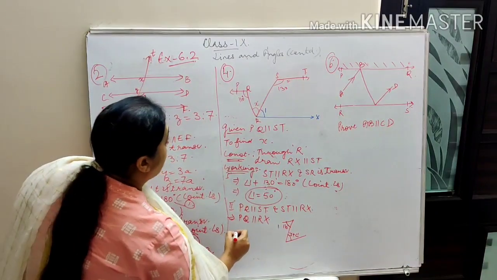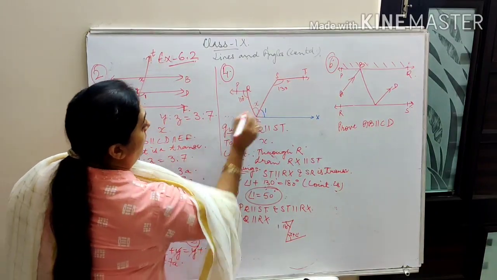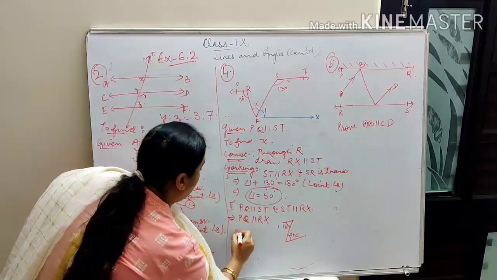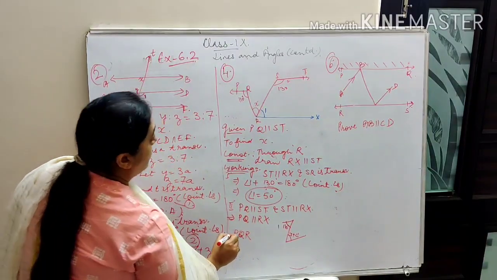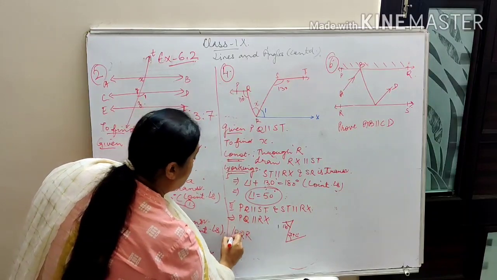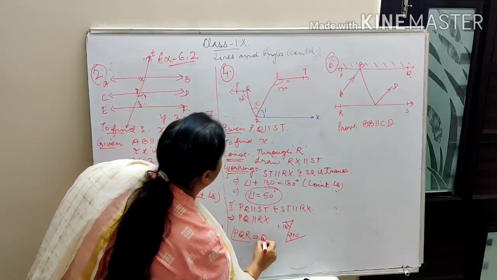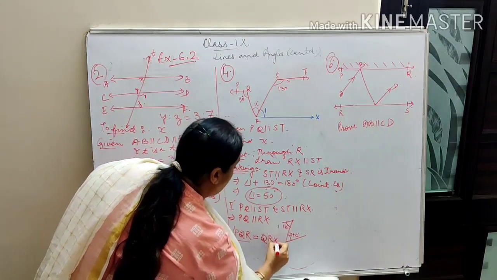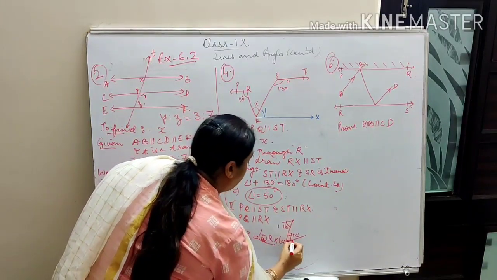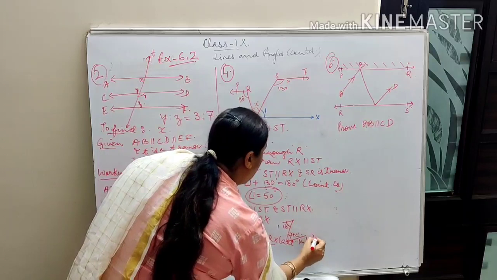This means angle PQR is equal to angle QRX. Why? Alternate interior angles.